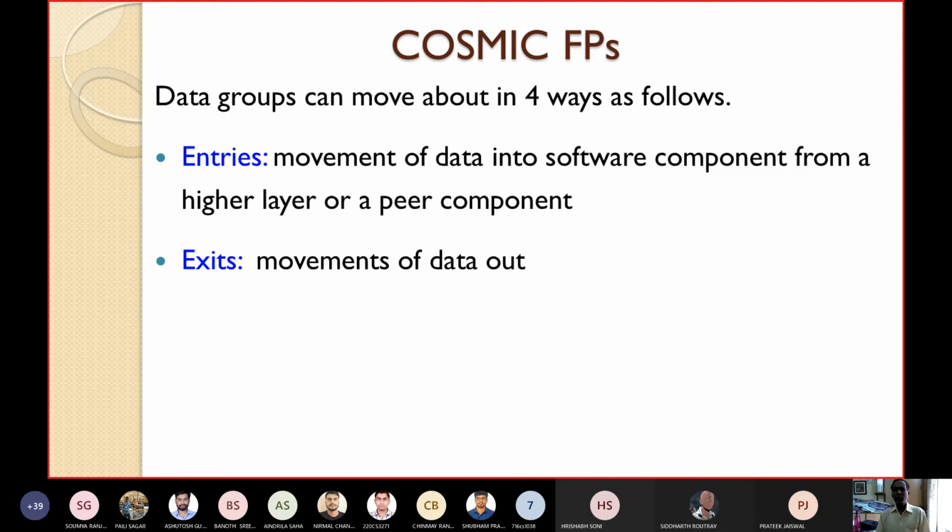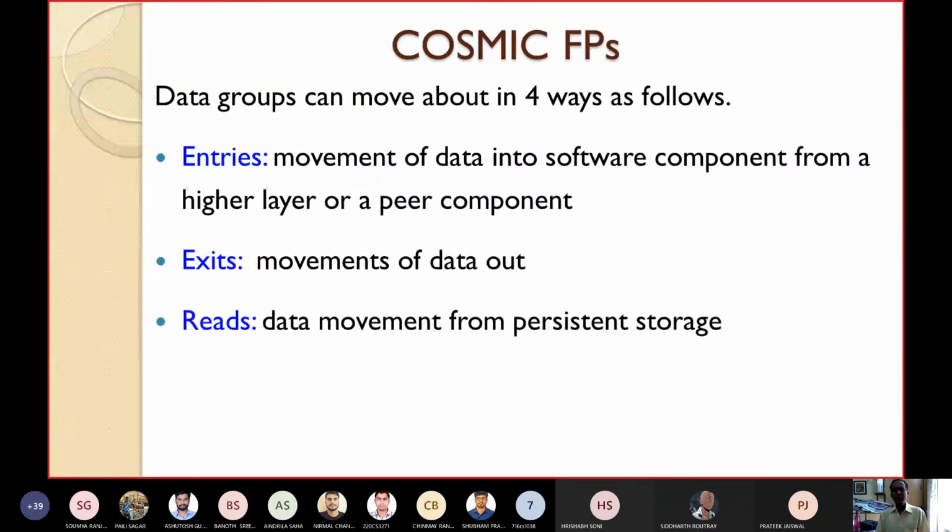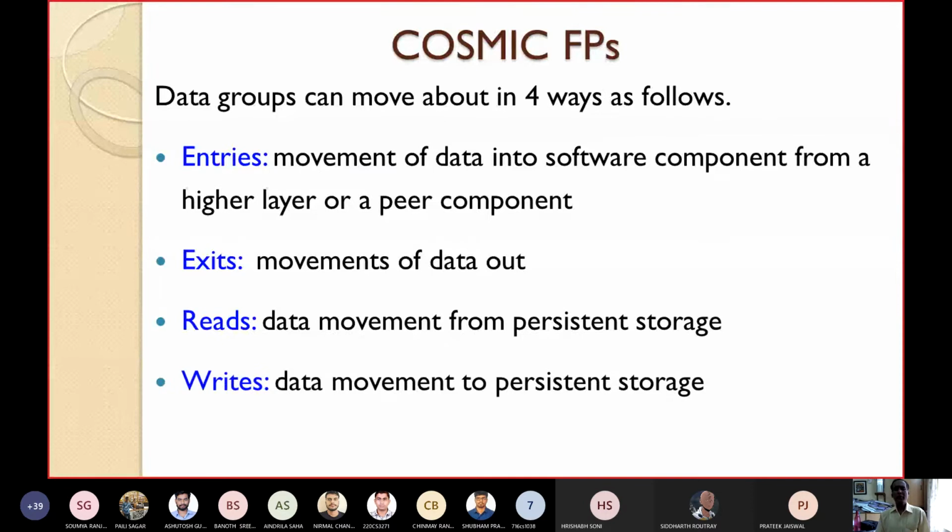Exits means movement of data out of that software component. Reads means data movement from persistent storage to the component. Writes means data movement to the persistent storage. So the data groups can move in these four ways in COSMIC.